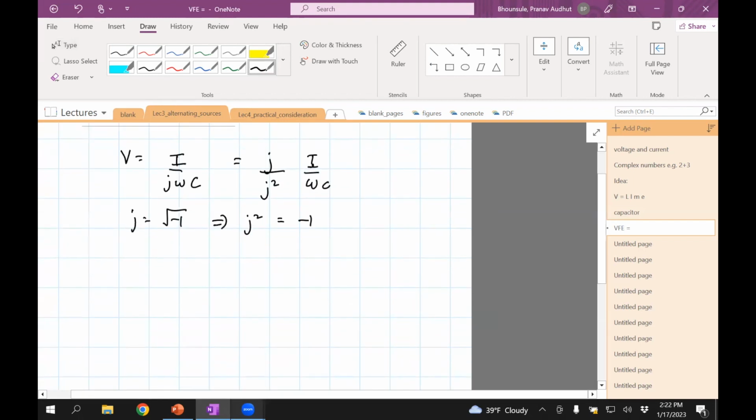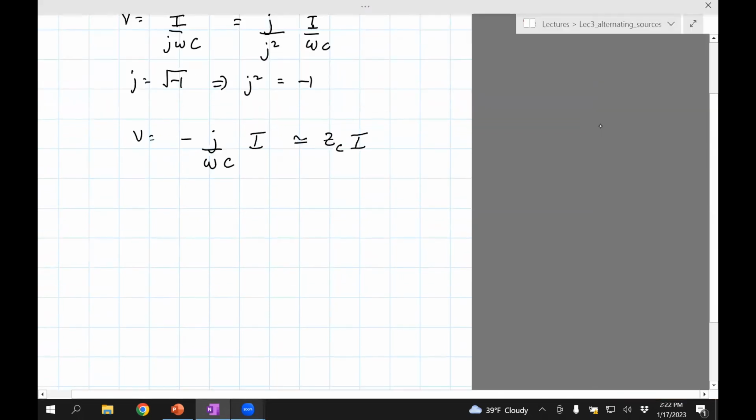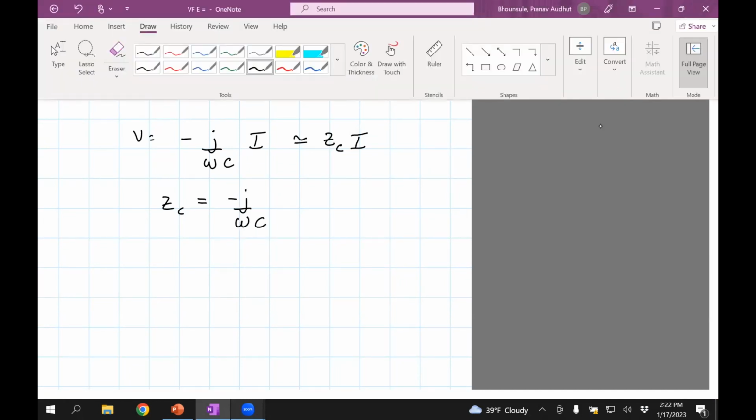And so we have V equals minus j divided by omega C times I. And this is ZC times I, which in turn gives us the impedance of a capacitor: minus j divided by omega C.